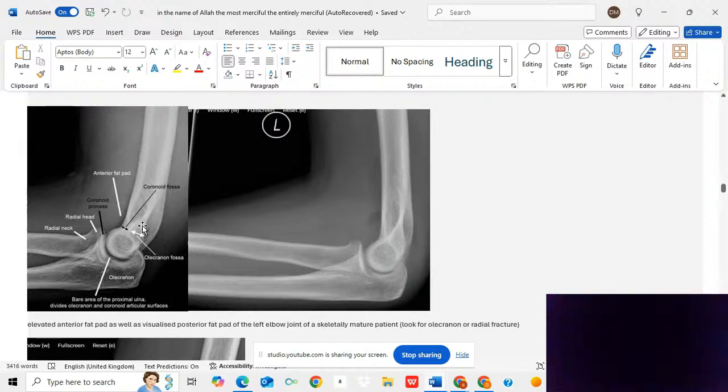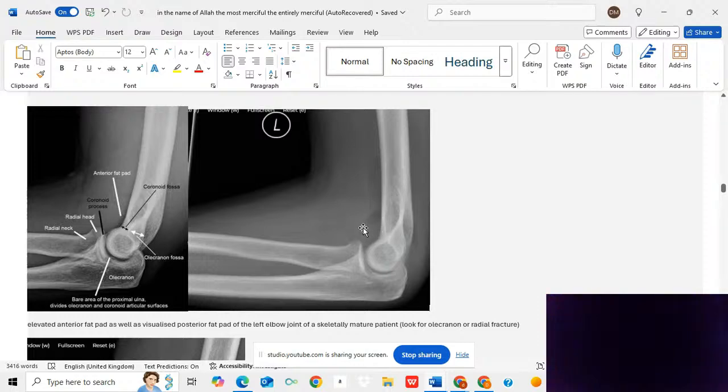So normally, in an adult elbow, the anterior fat pad should be visualized. However, the posterior fat pad shouldn't be visualized. Okay? So, in this elbow, if you see the anterior fat pad is visualized and elevated, it's not like this.